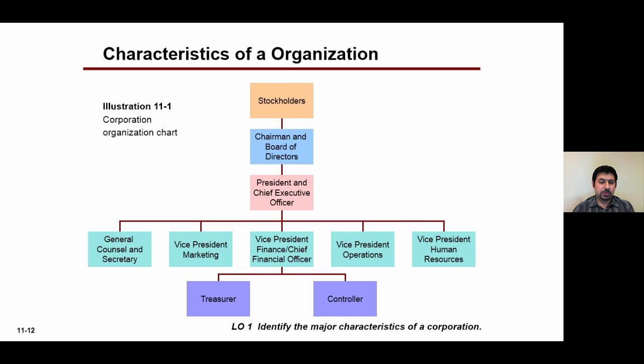So this chart here explains the organization of the company.